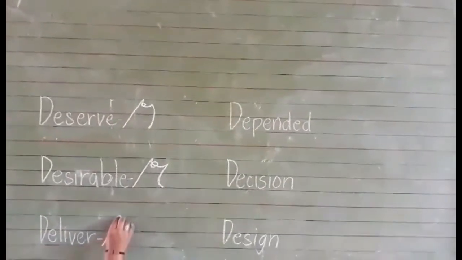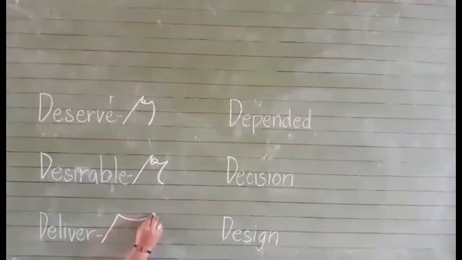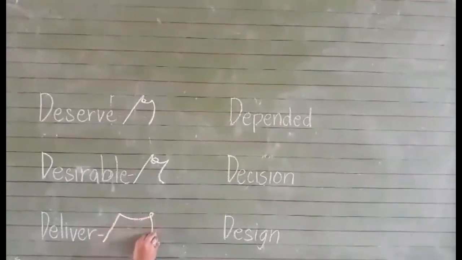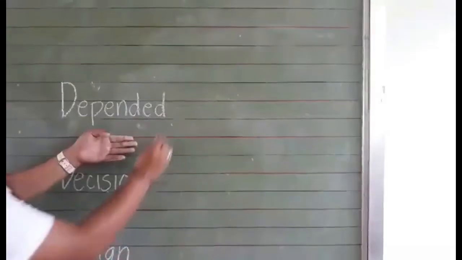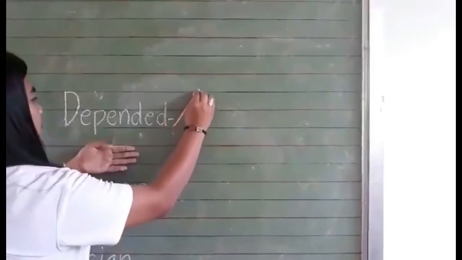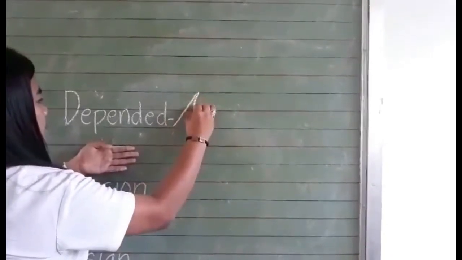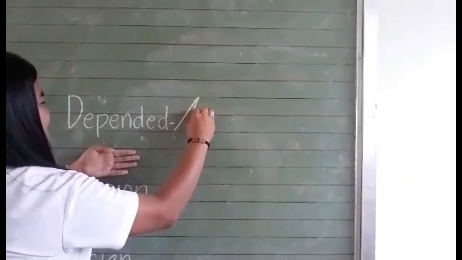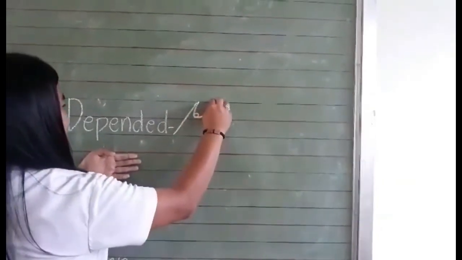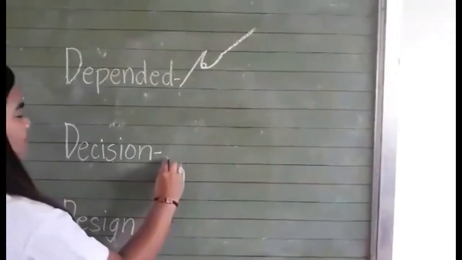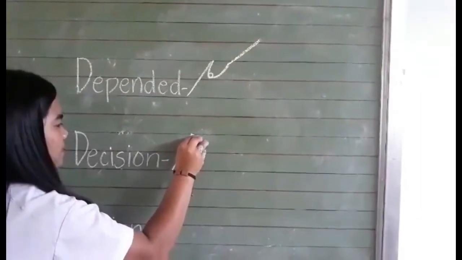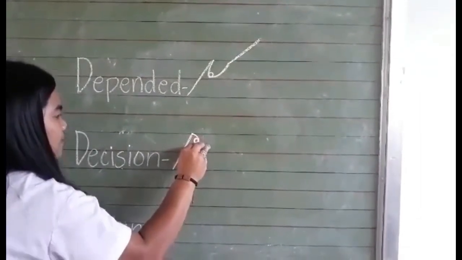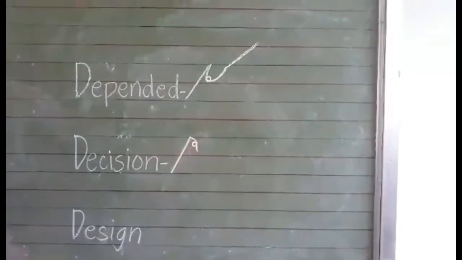Deliver is represented by de, followed by L, E, V, and R. Depended is represented by de, followed by P, E, the word ending nd, and D. Decision is represented by de, followed by S, E, and ition.